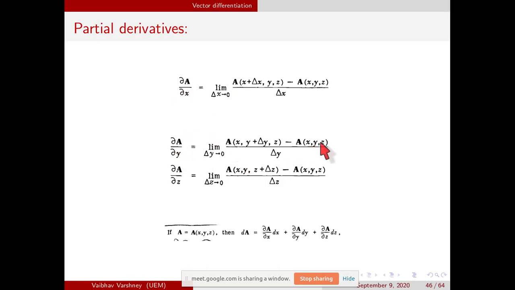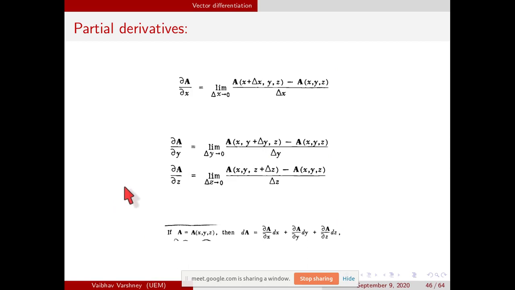This is again the partial derivative with respect to y. This is the partial derivative with respect to z. So the variable which you are checking, that you have to change. In this we are taking with respect to x, so we change x. In this we are taking with respect to y, so we change y. In this we are taking with respect to z, so we change z.